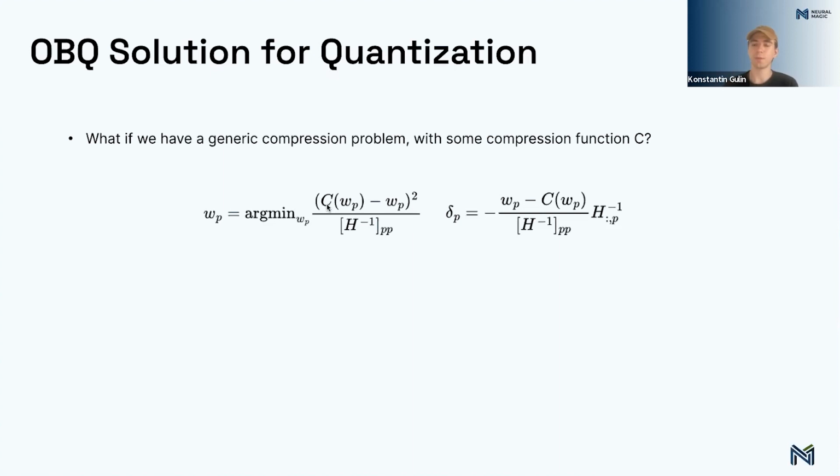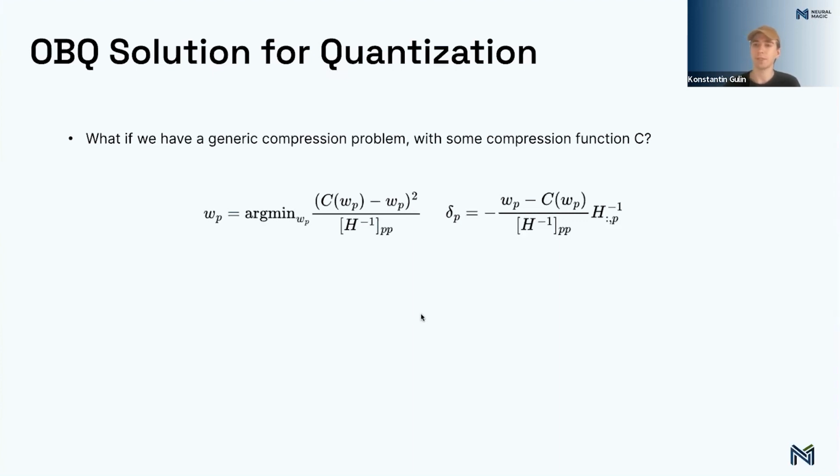For pruning, for example, C would just map any float to 0. If we plug in the pruning function here, we'll notice right away we get back the original OBS formula: we get the w_p squared over the H inverse entry, and then the same update rule we had before. We just get this down to 0.